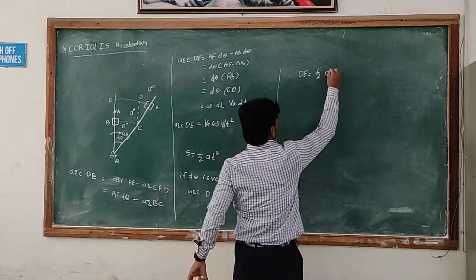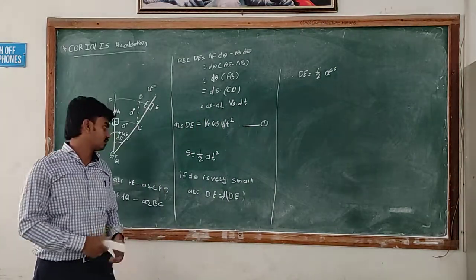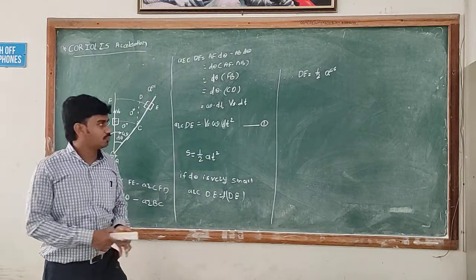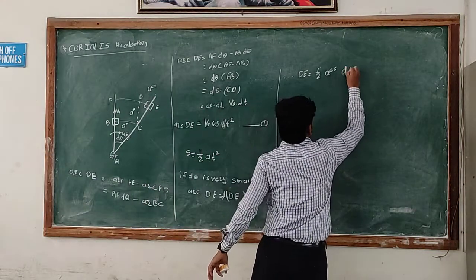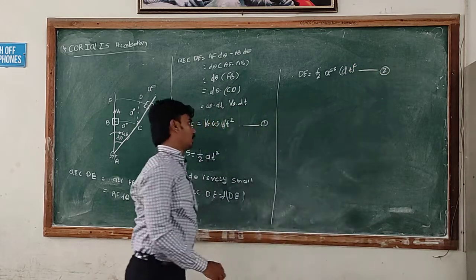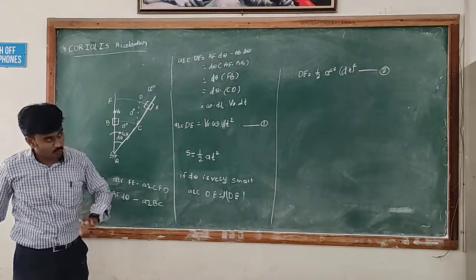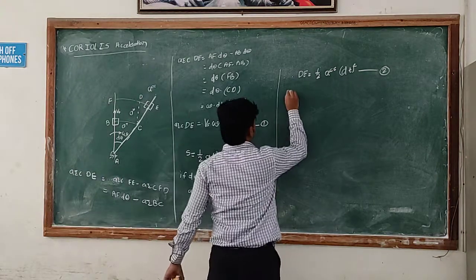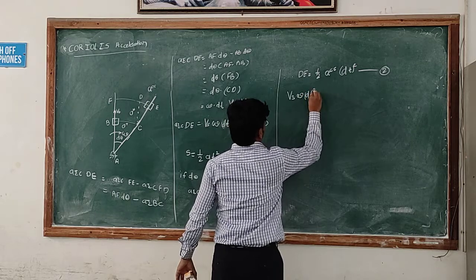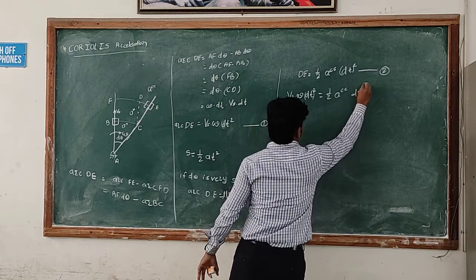So we will mark this as ACC, that is, ACC means the Coriolis component of the acceleration. If this DE is very small, then this time is also very small, therefore it is equal to dt square. This is equation 2. So from equation 1 and 2, sliding velocity into 1/2 into dt square is equal to 1/2 ACC into dt square.